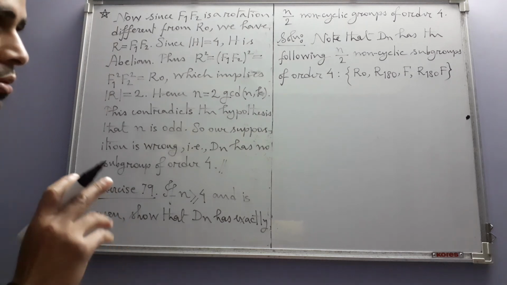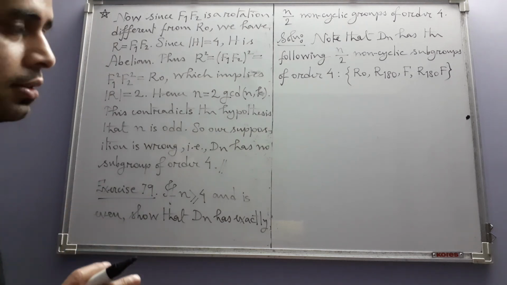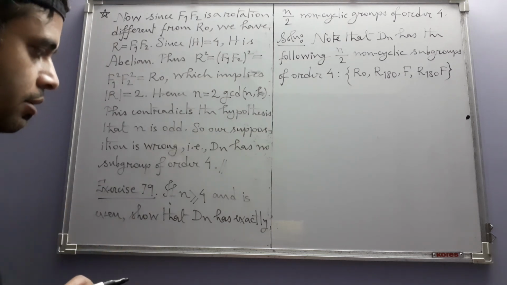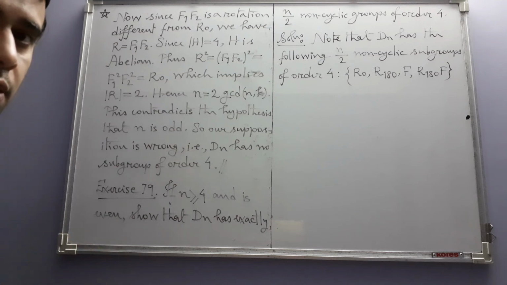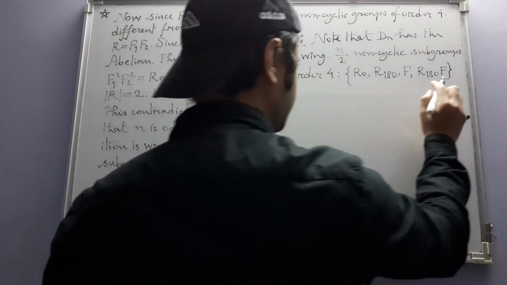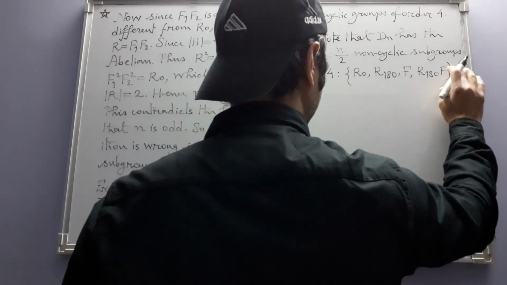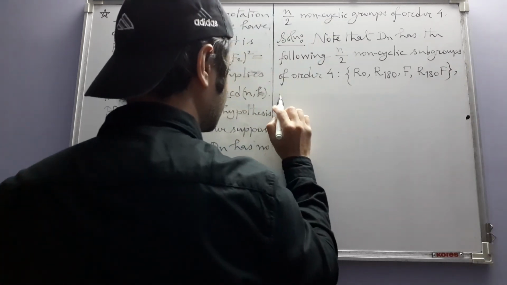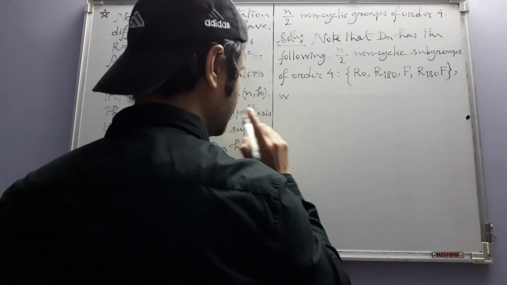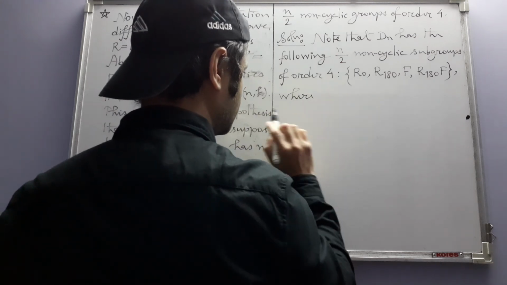Note that the rotation R180 exists in the group Dn because n is even, and F is of course some reflection.